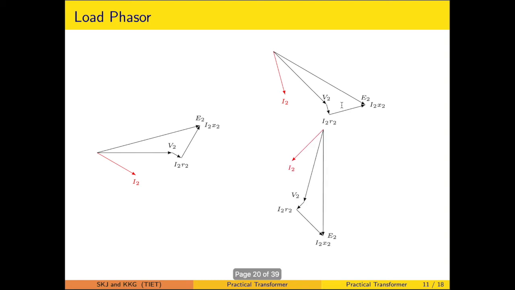Let's say I have rotated it by some angle such that this E2 is coinciding with the y-axis. Why am I doing this? Because we have considered in the ideal case the E2 direction, which is vertically downward.